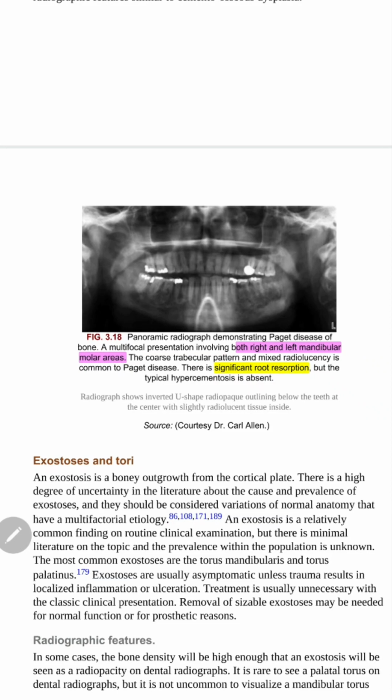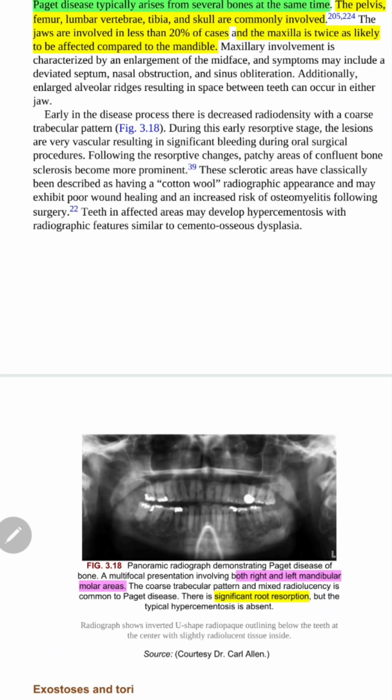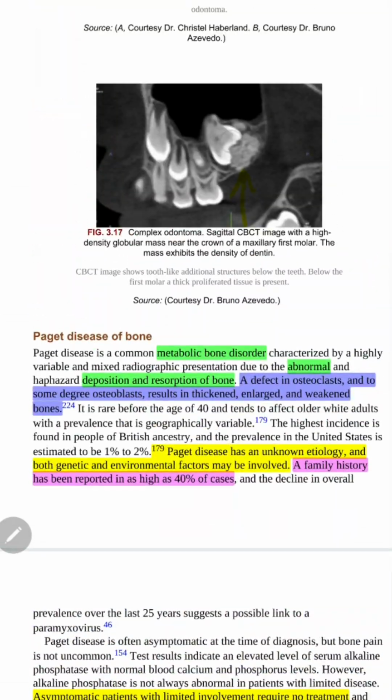Now we have finished the radiopacities and lesions. We have seen that some of them are inflammatory and need endodontic treatment or extraction, and some of them are non-inflammatory, like the odontoma, which needs surgical extraction.